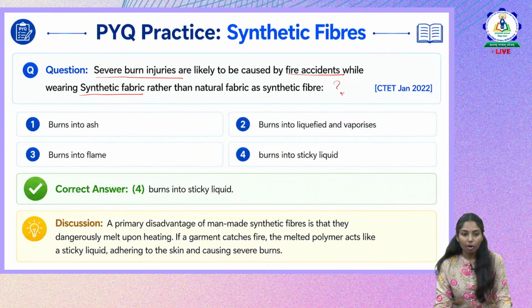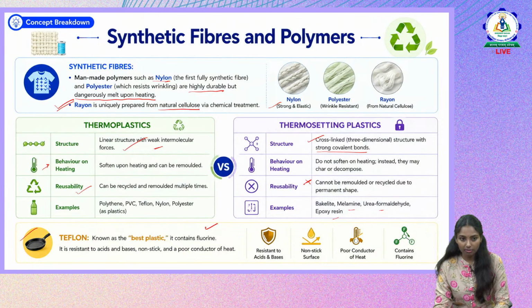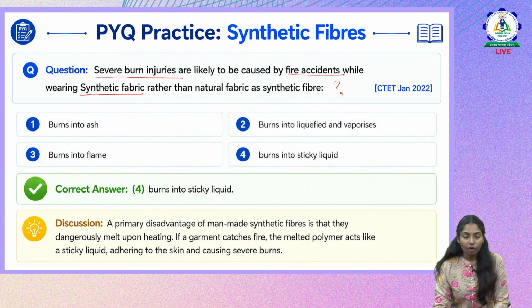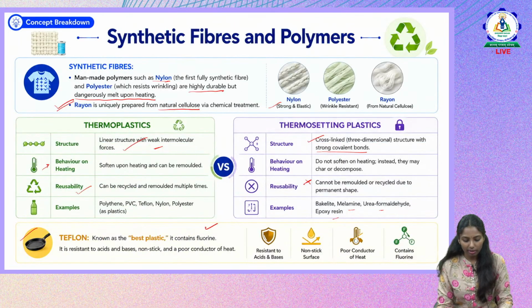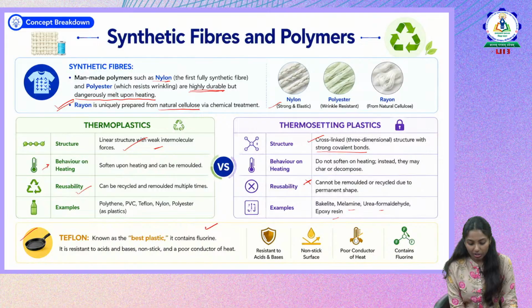We have to remember the properties of synthetic fibers. We talked about nylon, rayon, and polyester. If you remember, we talked about how they melt dangerously at high temperatures. They are highly durable, that is true, but they dangerously melt at high temperatures.